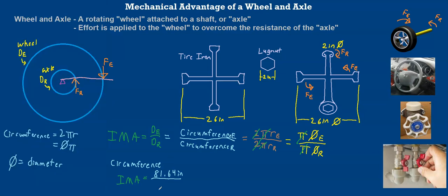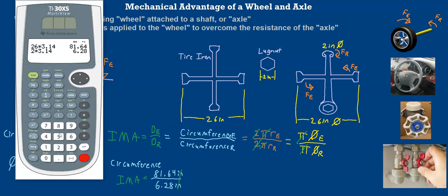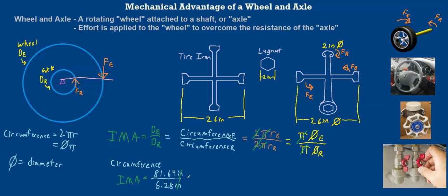And we get 6.28 inches. And we know that inches cancels out. And so to figure this out, let's pull our calculator back out. Let's say 81.64 divided by 6.28. And we get an IMA of 13.